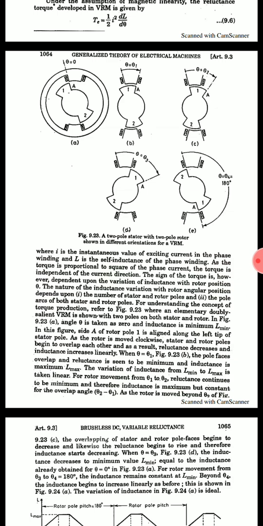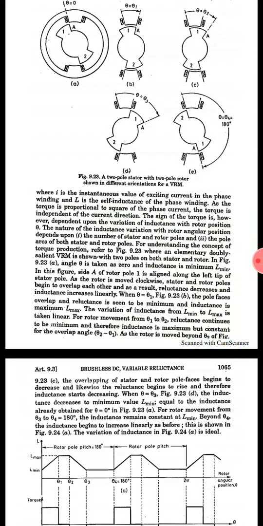As the rotor is moved beyond theta 2, overlapping of stator and rotor pole faces begins to decrease and as a result reluctance begins to increase and therefore inductance starts decreasing. When theta equals theta 3, the inductance decreases to the minimum value, L minimum, equal to the inductance already obtained for theta equals 0.